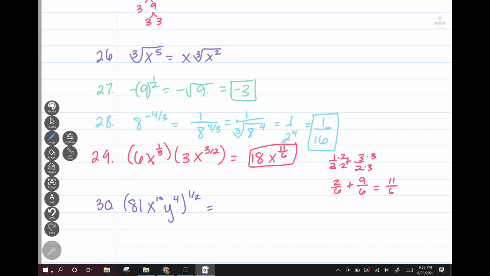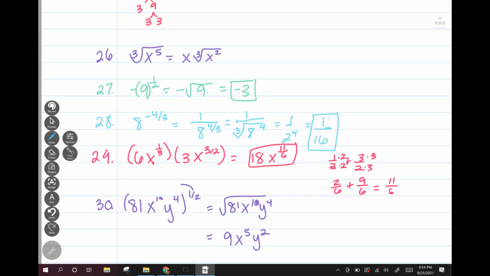Okay, remember that exponent 1/2 is the same thing as the square root, so I can rewrite this. The square root of 81 is 9. 2 goes into 10 twice, so that's x to the 5. And 2 goes into 4 twice, so that's y squared.